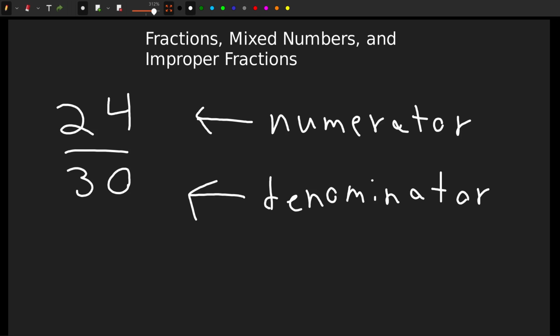Now, one thing we have to keep in mind, but I'm sure you're already aware of this, is that a fraction is less than 1. So any number over any number is less than 1 if the numerator... Actually, let me change something here.